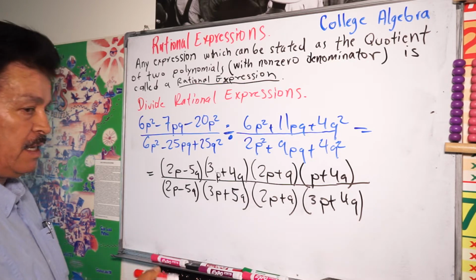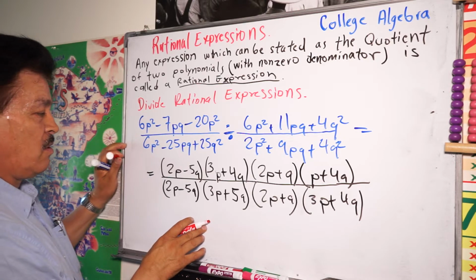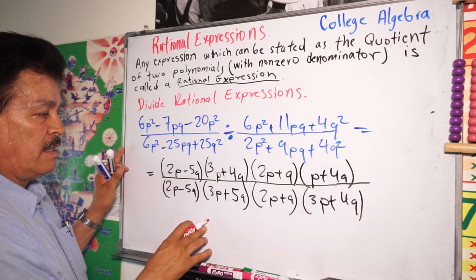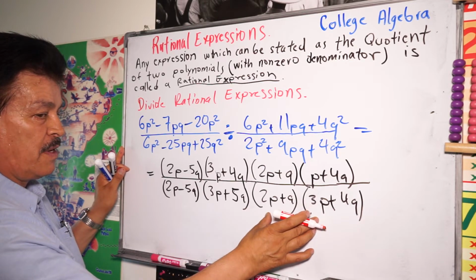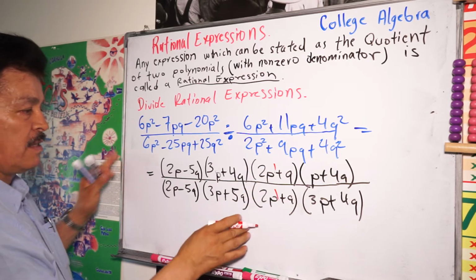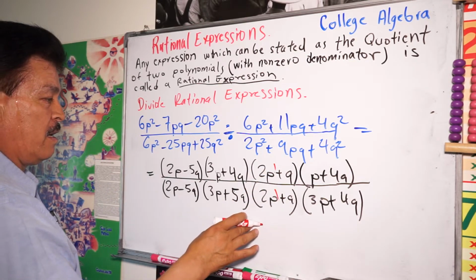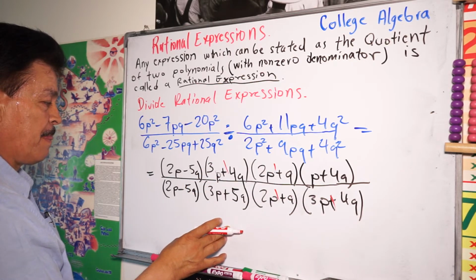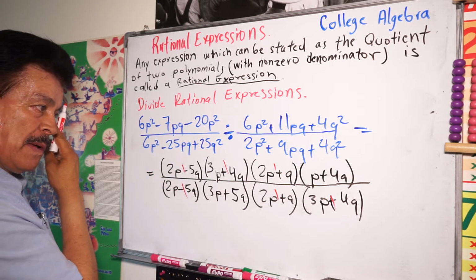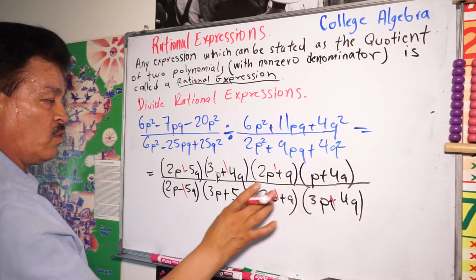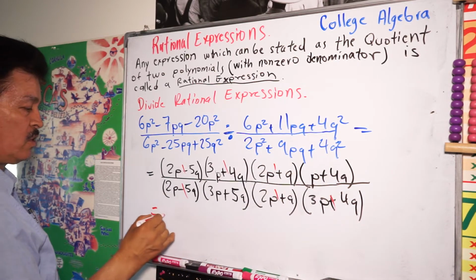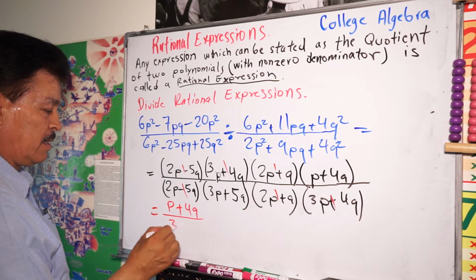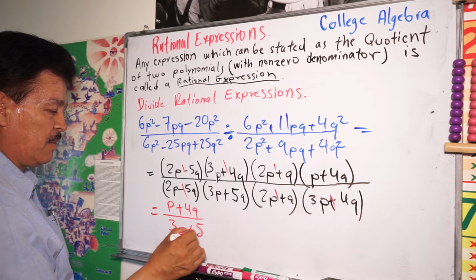We need to start to cancel everything here. You have 3p plus 4q here. Cancel this one, and this one, and then you're going to have the conclusion. These two we are going to have equals p plus 4q divided by 3p plus 5q.